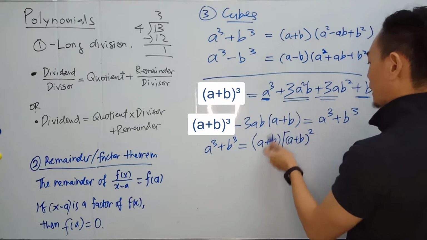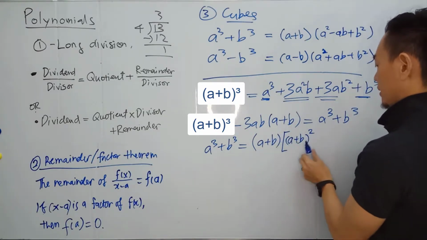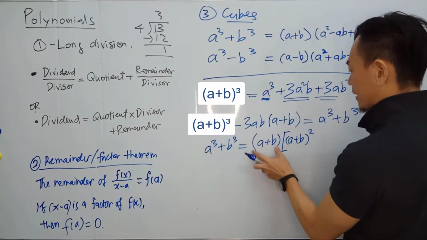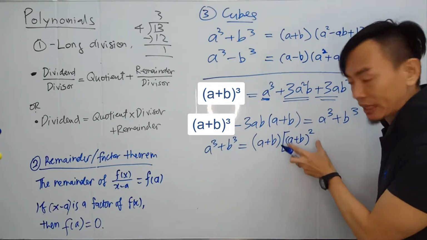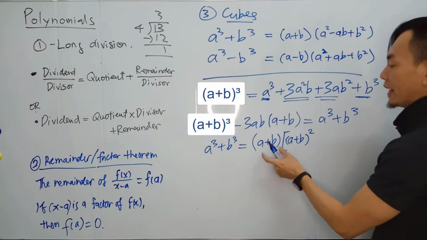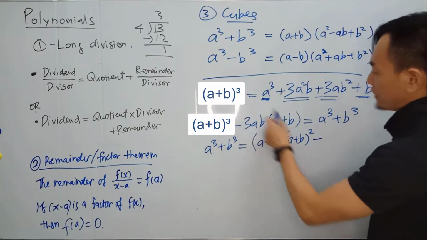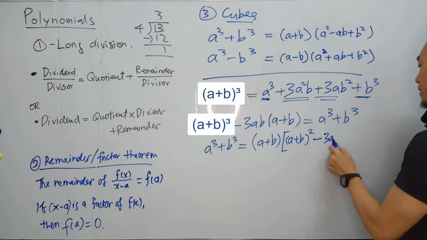If I multiply back in, I'll get this again, so that makes sense. And this one, if I factor out a plus b, I get minus 3ab.